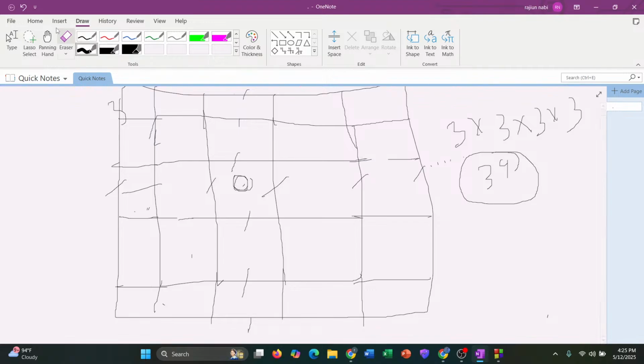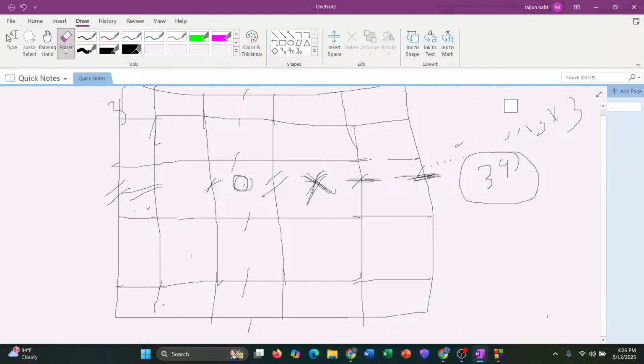If we take this other cell, how many subgrids contain it? If we calculate, the left has 1, 2, 3, 4.